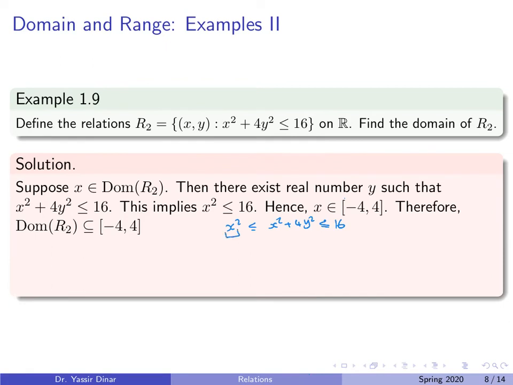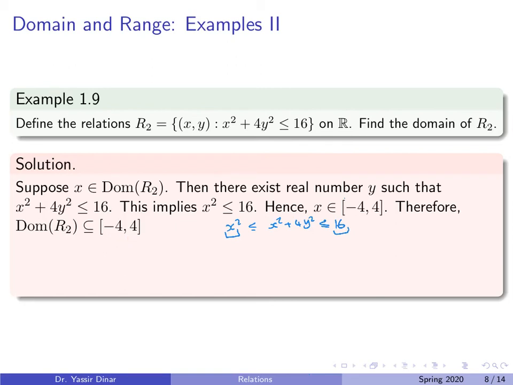That means x is in the interval from -4 to 4. And therefore, any element in the domain of my relation R2 is in the interval from -4 to 4.